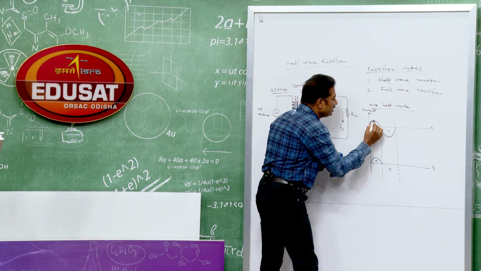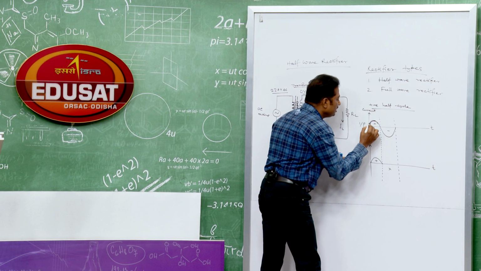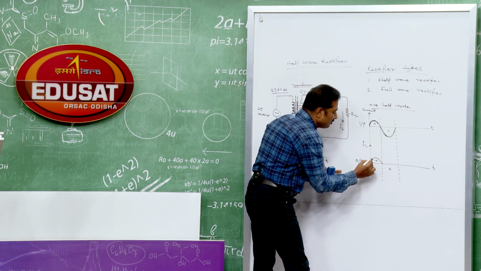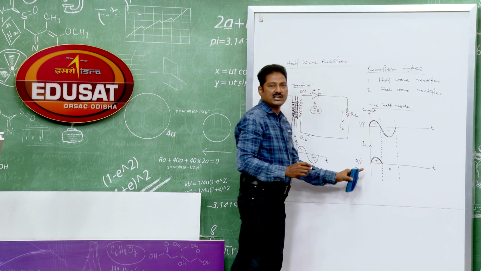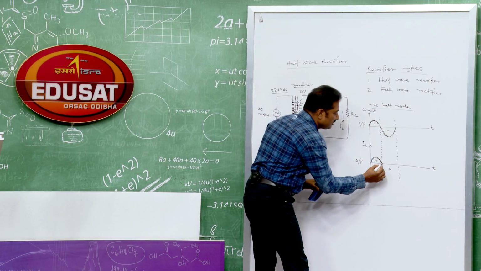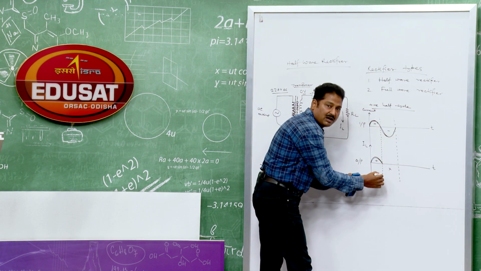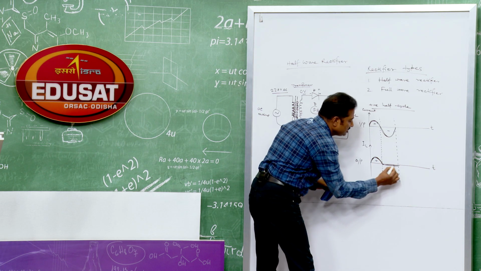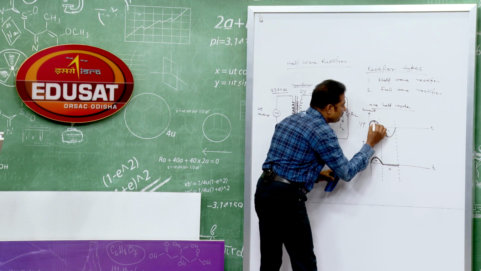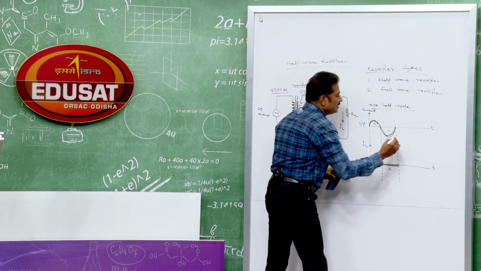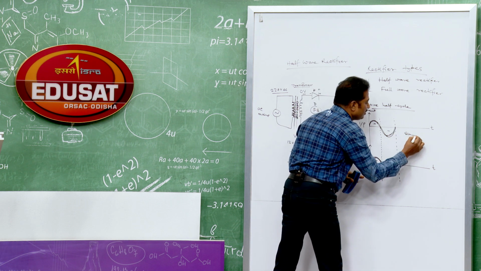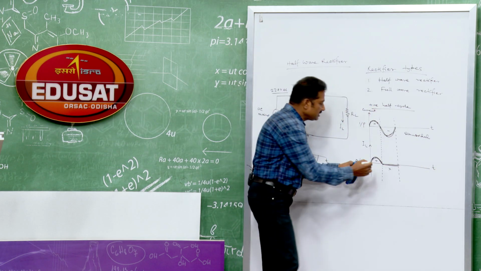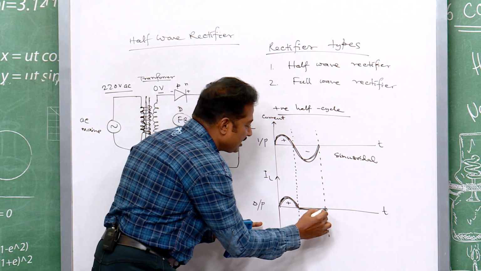You are having the input, the full cycle, but in output you are getting only a half cycle wave, and the other half is absent here. So, the wave becomes this way. This is your wave. The shape of a wave is this one. This is called sinusoidal wave. This is now your peculiar type.